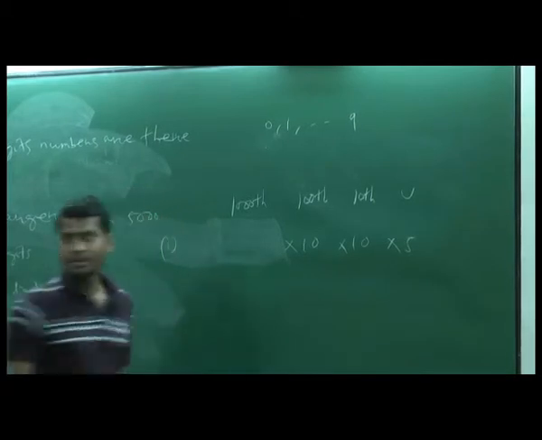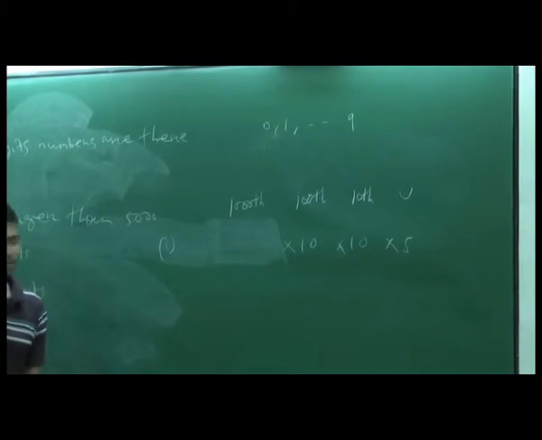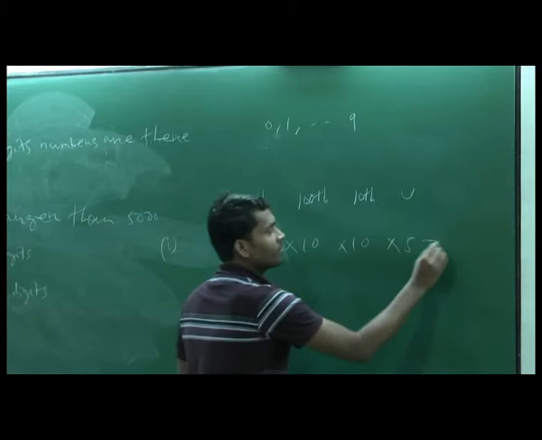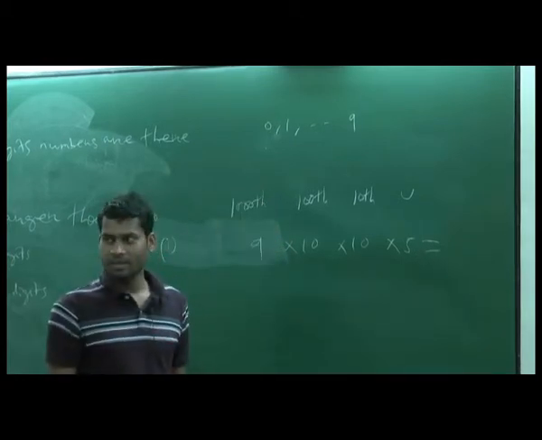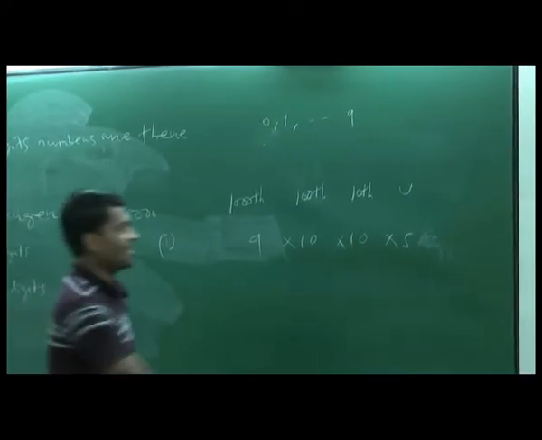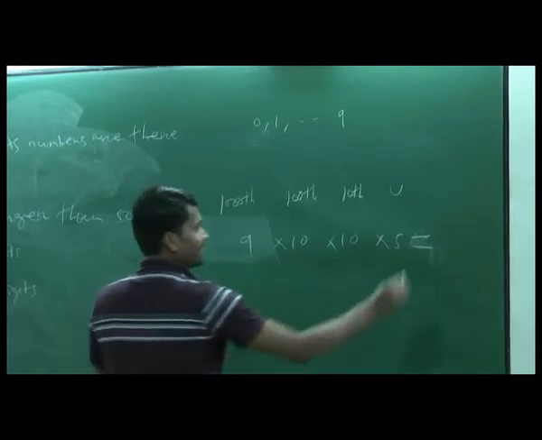And this one, why not 10? If you put 0, then it will be a 3-digit number, not 4. So you have 9 ways. You can calculate: 5 times 10 times 10 times 9 is 4,500. Okay, next one.